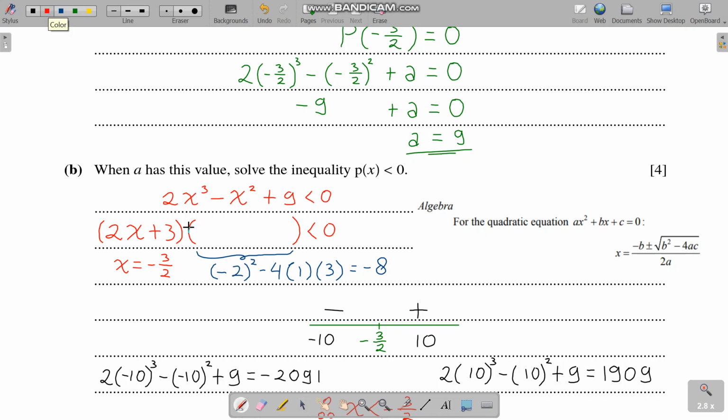The only way to get 2x cubed is when we multiply 2x with x squared, and the only way to get 9 is when we multiply plus 3 with plus 3. Now for the x term, we can analyze the x squared term or the x term. If we analyze the x squared term, we can get x squared from 3 times x squared, which is 3x squared.